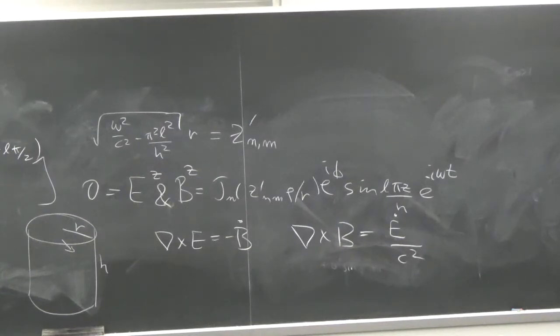My memory is that B sub rho should vanish. Let's just make sure. Right, the rho component of B should vanish at the conducting surface. The perpendicular component of the magnetic field, perpendicular to a perfect conductor, is supposed to vanish. So we want B to vanish.